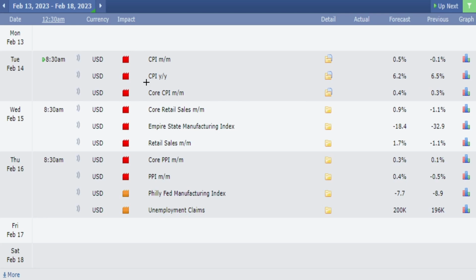Looking at the economic calendar, as you can see right away, we have some days which are fully stacked with red folders. Monday is quiet, and also Friday, no high impact or medium impact news releases coming out on these days. Tuesday, we have the CPI news release.